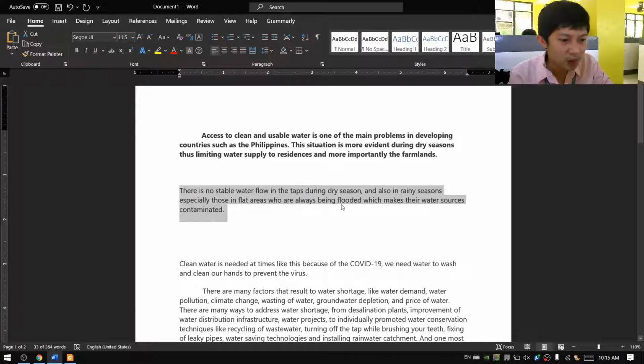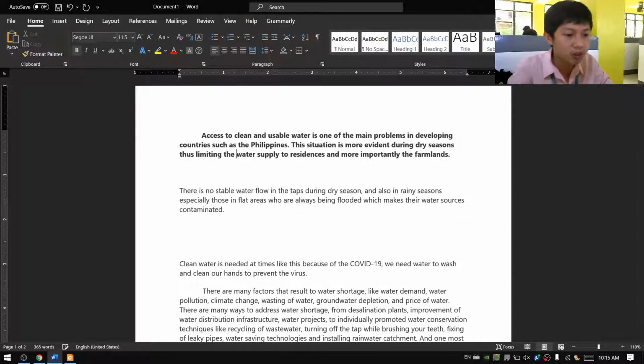Okay, so flooded with space water resources contaminated. Okay, this is difficult. This situation is more evident during dry seasons, thus limiting the water supply to residences and more importantly the farmlands.